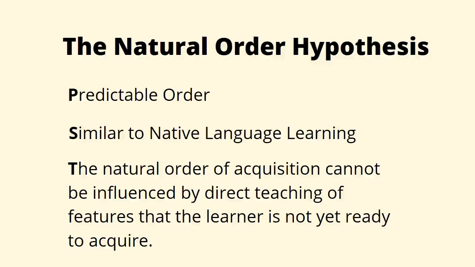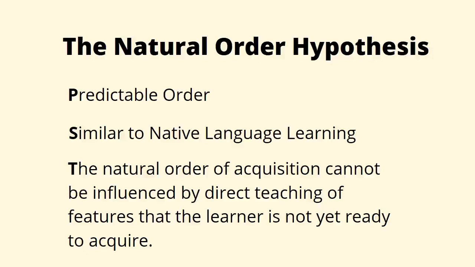And then the natural order hypothesis. This is a predictable order, similar to native language learning. As in native language learning, for example, first of all, the child learns nouns. The child starts learning the names of the things, and he says only the names: chair, table, pencil, bread, and whatever the words are in the language.